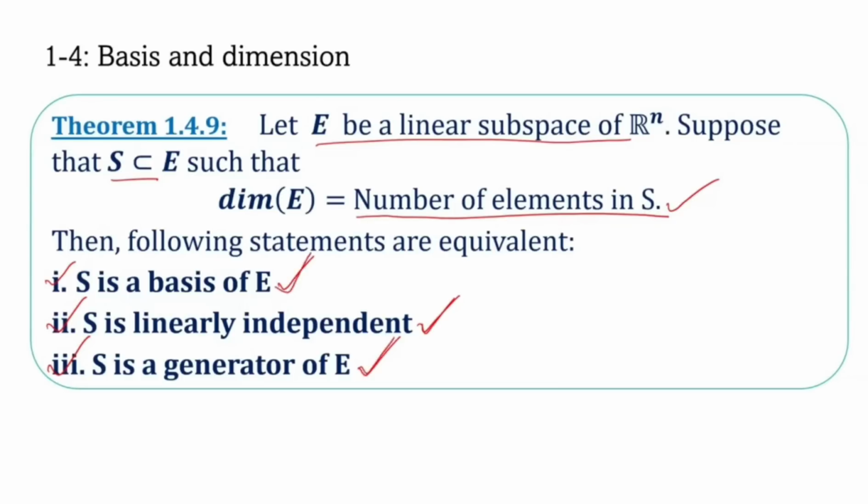It will automatically be a basis of E. So in such cases, you don't have to show both that it is a generator and that it is linearly independent. If you can show just that it is linearly independent, then automatically it will be a basis for the subspace E.